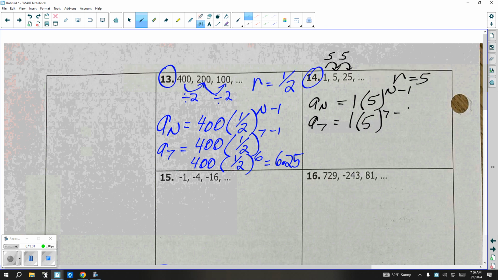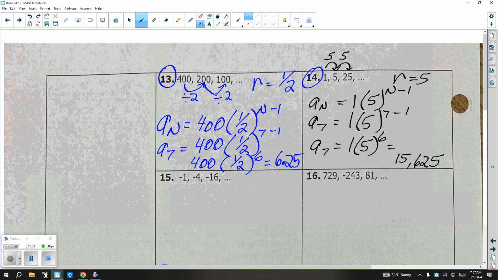So the 7th term is going to be 1 times 5 to the 6. And if I punch in 1 times 5 to the 6, I get a grande number, 15,625.